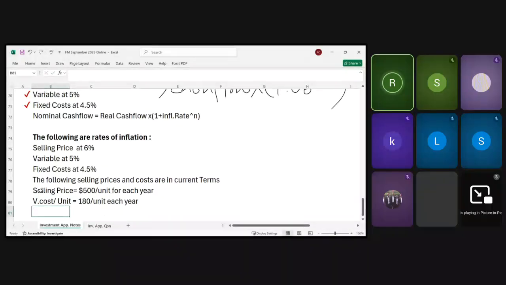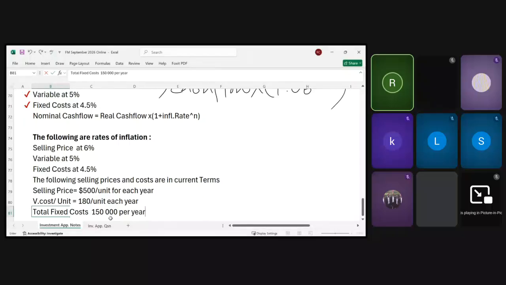Our fixed costs, total fixed costs, usually we don't have fixed cost per unit. The fixed costs that we usually have are budgeted fixed costs for the whole project. That's why we have them in total there. Our total fixed costs are $150,000 per year.